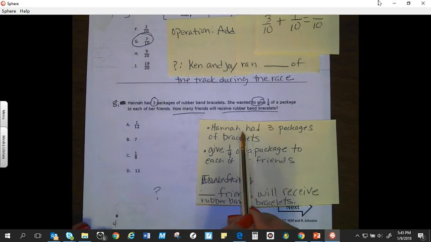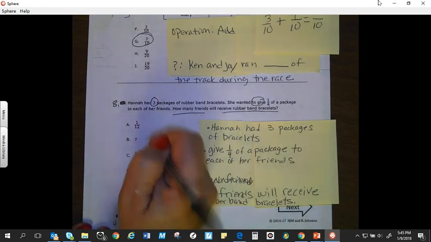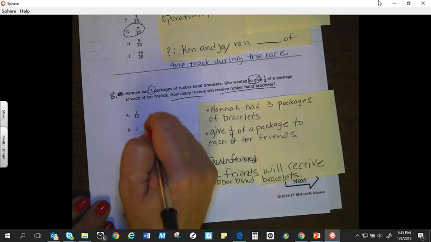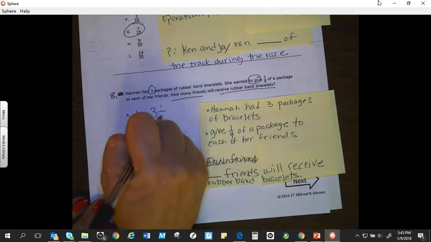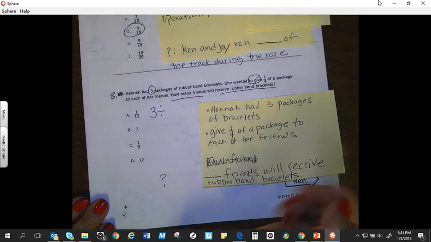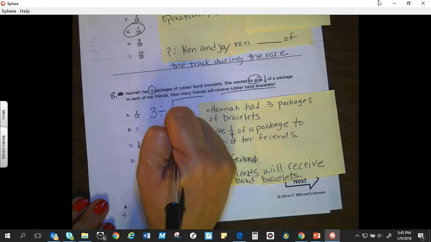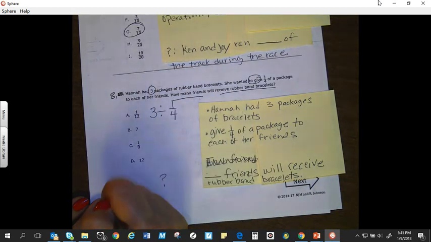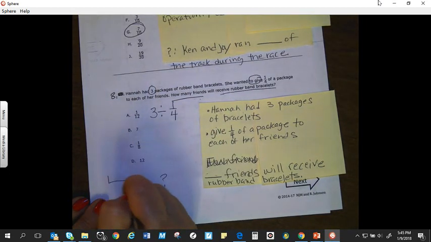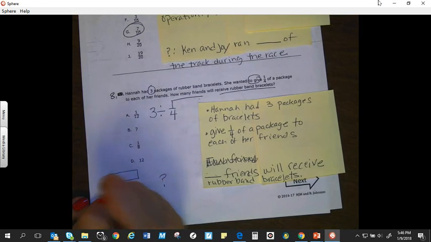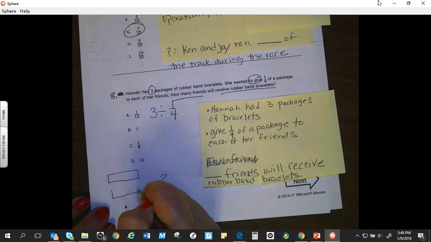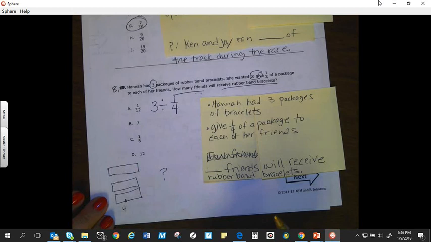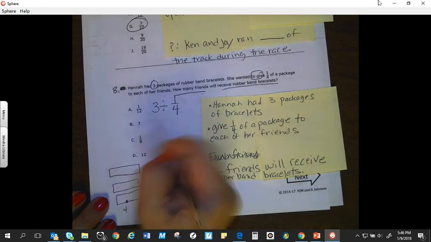This is the total amount that she has. So I know that we have 3, and she's going to take those 3 and divide it into fourths. So she had 1 package, 2 packages, 3 packages. So you can do it 2 different ways. She's going to divide these by fourths.